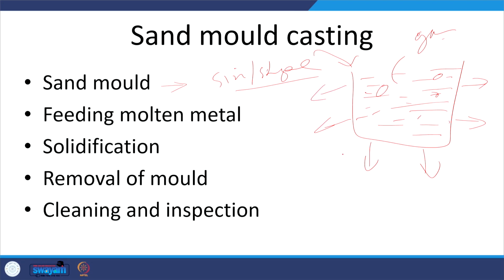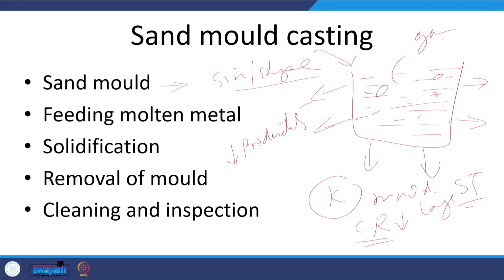Since the thermal conductivity K of the mold wall is less, it will dissipate the heat slowly. So the cooling rate experienced by the molten metal will be less. Due to the low cooling rate, it will take a long solidification time, which means it will take a long time to complete the solidification. So the production cycle will be delayed, and that in turn will reduce the productivity.